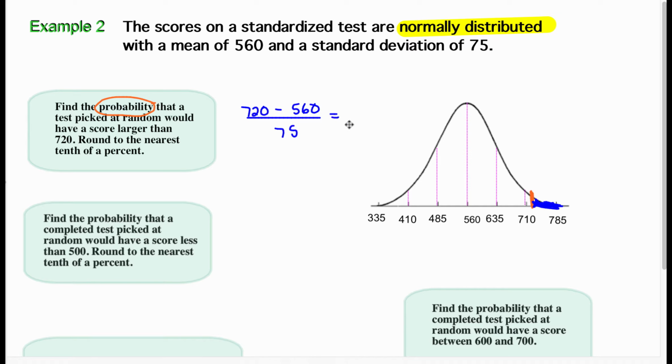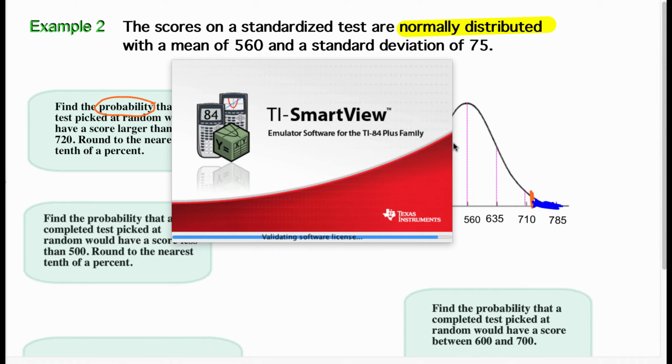All right, let me get my calculator out here. 720 minus 560, I didn't really need a calculator to do that, divided by 75 equals 2.1333 repeating.